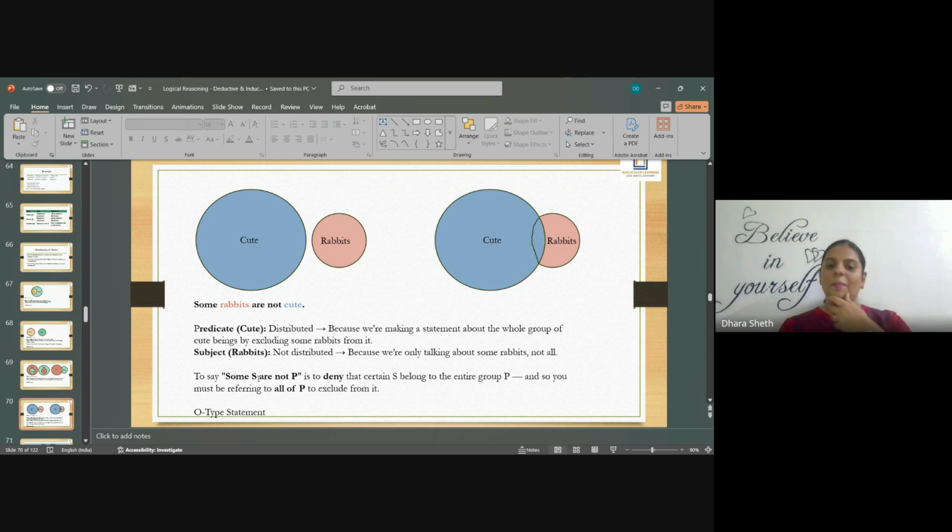To say some S are not P is to deny that S belong to the entire P group. So our subject is this, the not cute rabbits. They do not belong to our predicate, which is cute. So you must be referring to all of P to exclude from it. And it is called the O type statement, A-E-I-O. They don't have a fifth one or they would have used U.